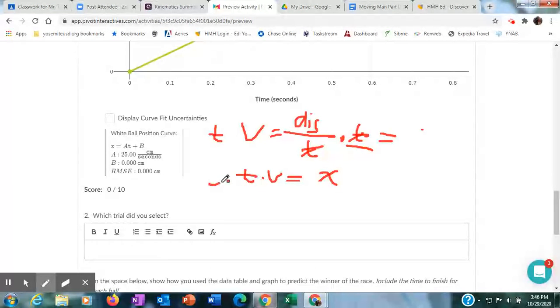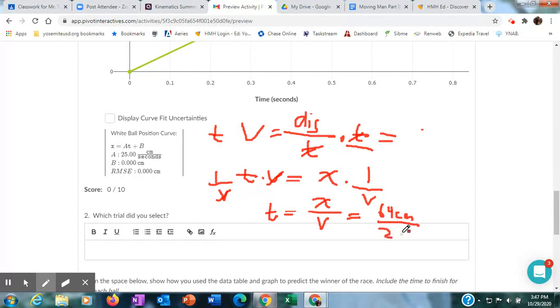And then I have to divide both sides by velocity, so 1 over v, 1 over v. Velocity cancels out, so I'm just left with time equal to how far it traveled over my velocity. In this case, I know it needs to travel 64 centimeters, and I know it travels at a rate of 25 centimeters per second.